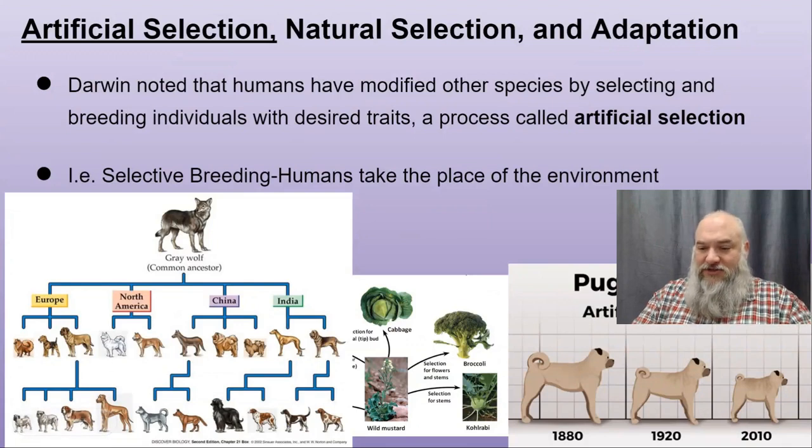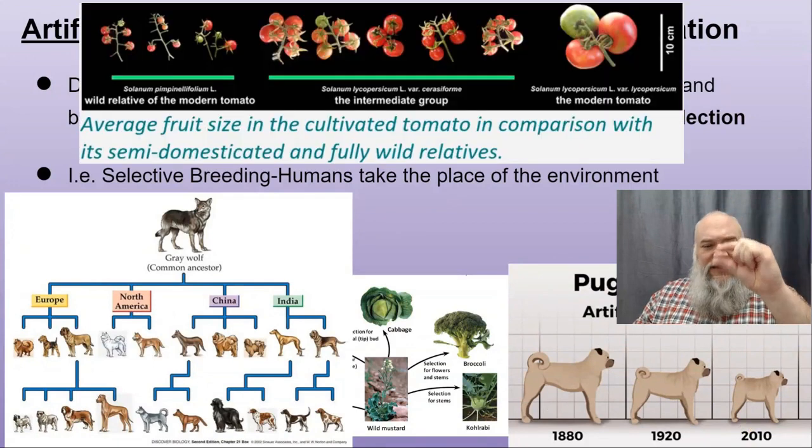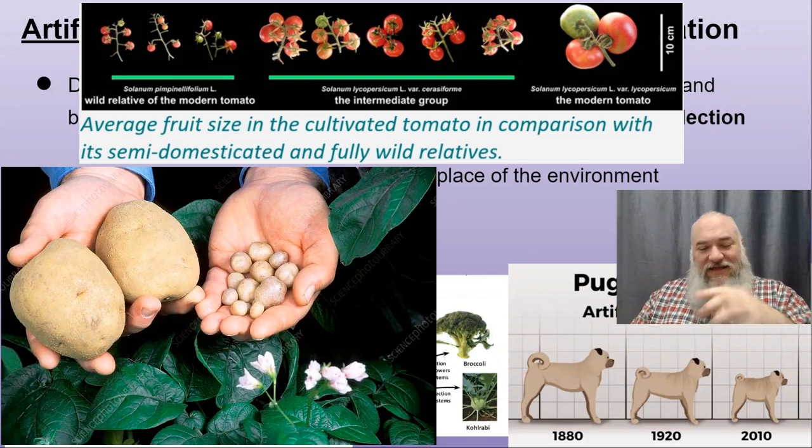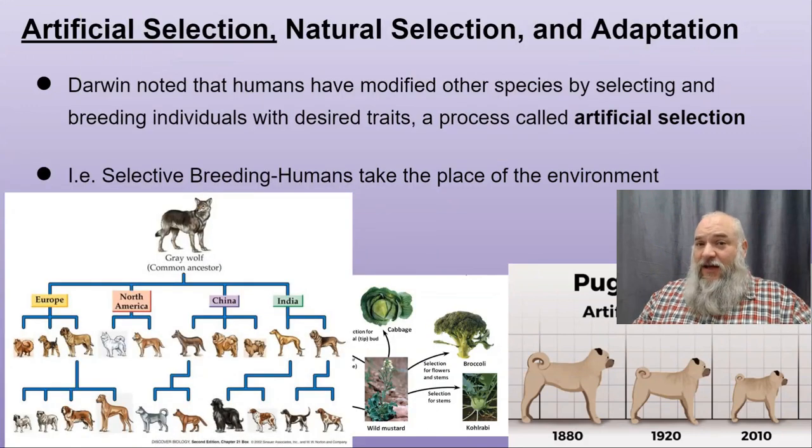You can see it here in pugs, just how much smaller they have gotten in like 130 years in this picture. This is farming. How do we go from tomatoes all being this size to tomatoes like that? Or potatoes like this to potatoes like that? Okay. That's all due to selective breeding. We only breed those with the traits we want, and we don't breed those with the traits we don't.